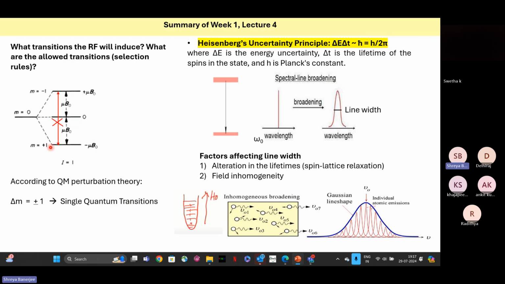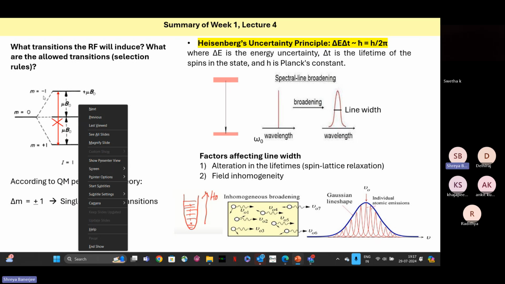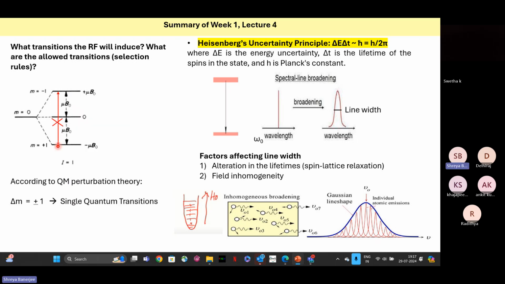So from 1 it can go to 0, or 0 to 1, or 0 to minus 1, or minus 1 to 0. But it cannot go from plus 1 to minus 1 because then delta M becomes 2. So this is the selection rule of NMR: only when the magnetic quantum number changes by 1 are those transitions allowed.